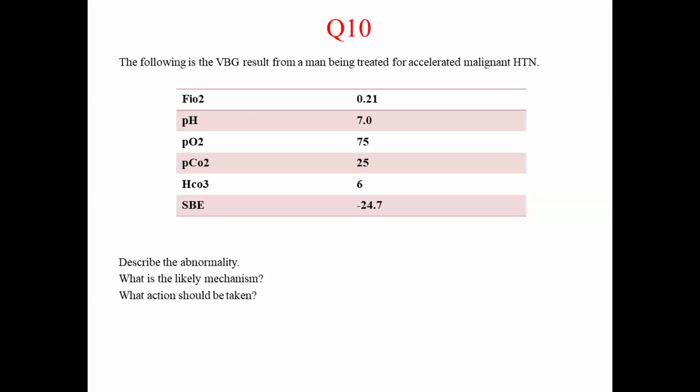The following is a VBG from a man who has been treated for accelerated malignant hypertension. Okay, a hint has already been given for y'all. FiO2 is 0.21, pH is 7, PCO2 is 25, bicarbonate is 6. Okay. 6 plus 3 plus 5.